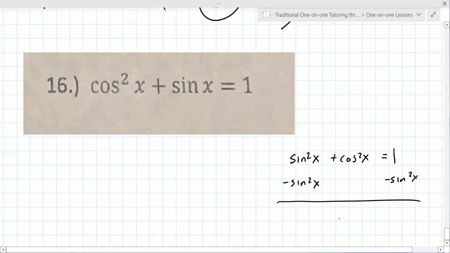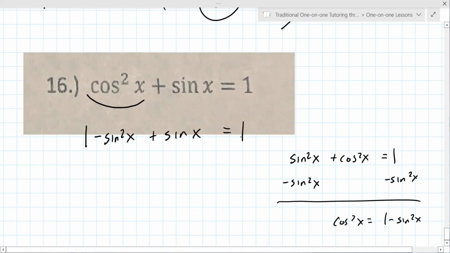We get cosine squared x equals 1 minus sine squared x. So instead of cosine squared x, we're going to write 1 minus sine squared x plus sine x equals 1. The idea here is that we've got just one trig function, and we can deal with that.